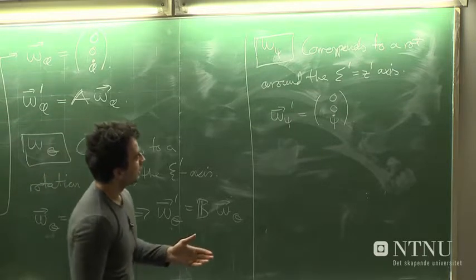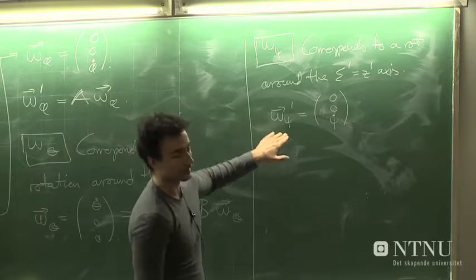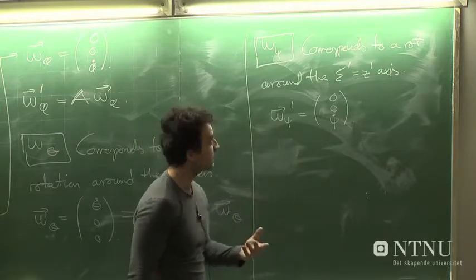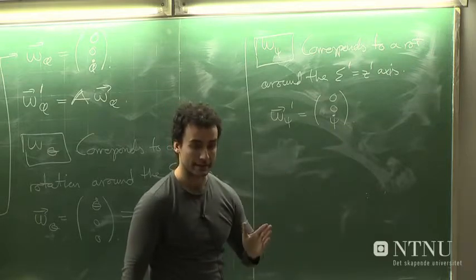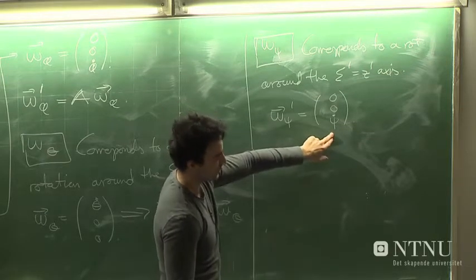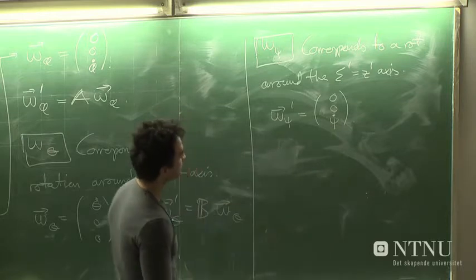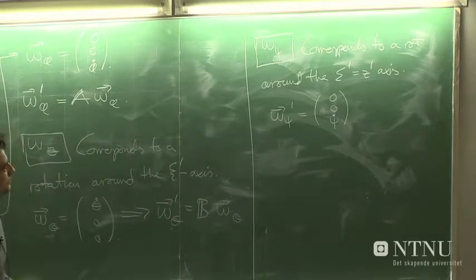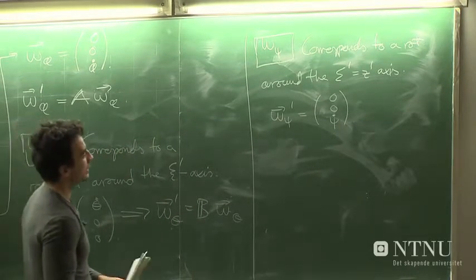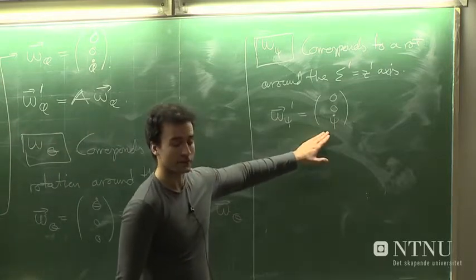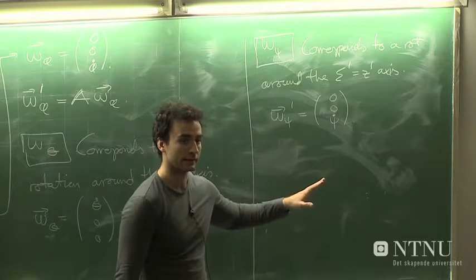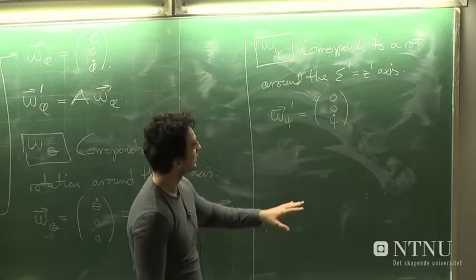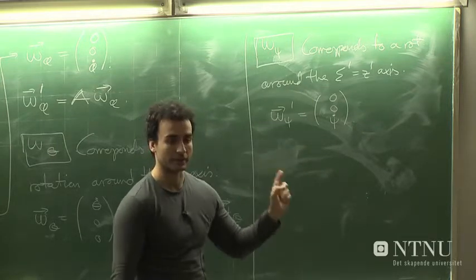So the angular velocity due to the rotation of psi has a direction which is equal to the axis of rotation, the z prime axis, and its magnitude is just psi dot. Now, in this case, there's no transformation needed because we're already in our final coordinate system, because we're dealing with a rotation around the z prime axis.